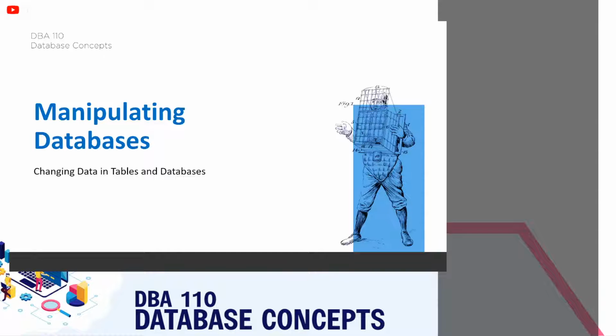Because what we're actually doing is changing the data, manipulating the data, updating the data, adding new data, taking data away, creating tables, removing tables, all that sort of stuff.